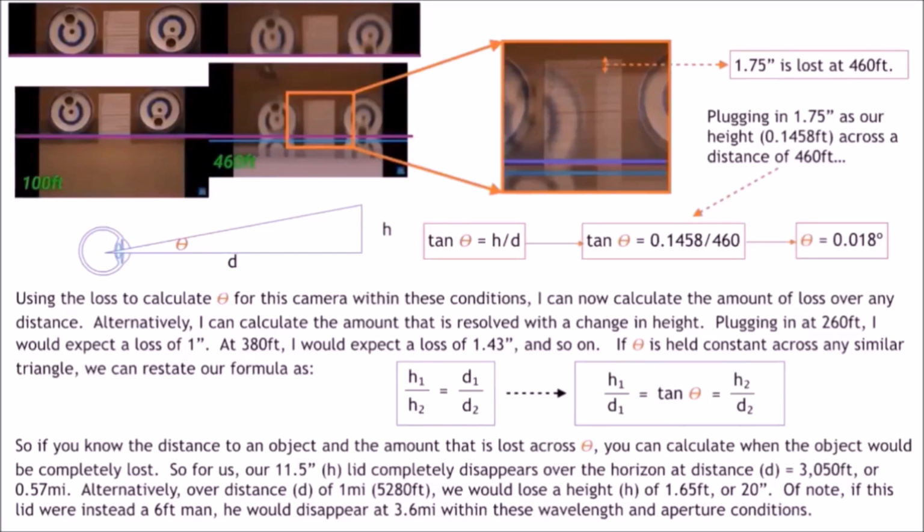If theta is held constant across any similar triangle, we can restate our formula as h1 over h2 equals d1 over d2, right? And as those ratios then could correspond to one another across tangent theta, as h1 over d1 equal to h2 over d2.